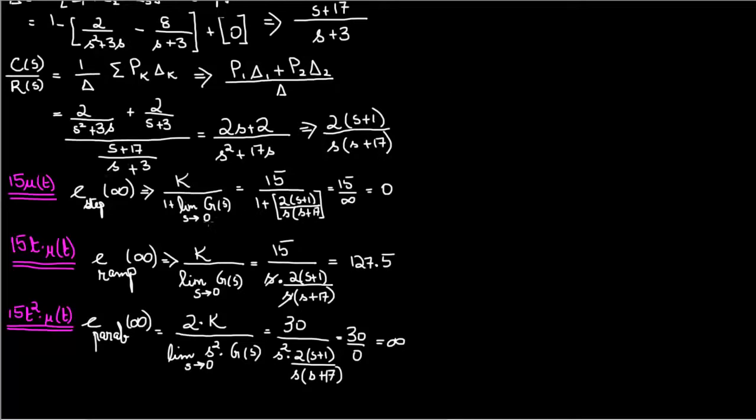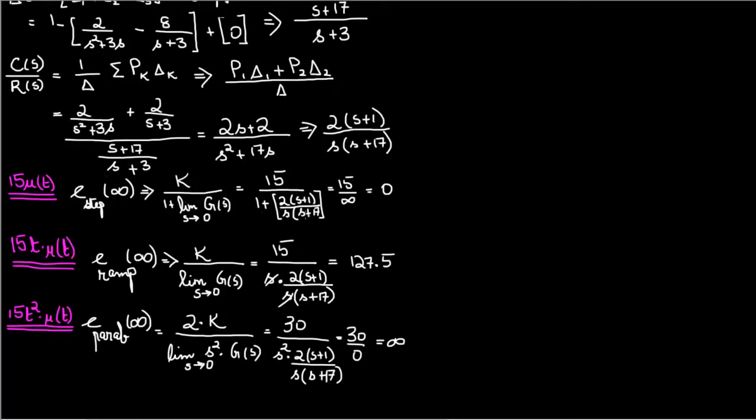And if you do that, since s is approaching 0, it's going to be infinity. And a number or a constant divided by infinity, we know is 0. So you may be thinking, okay, well, I have this 1 here, so what about this one?